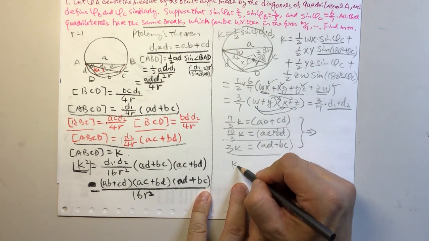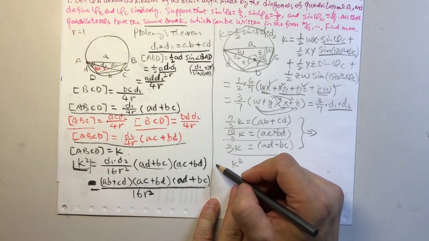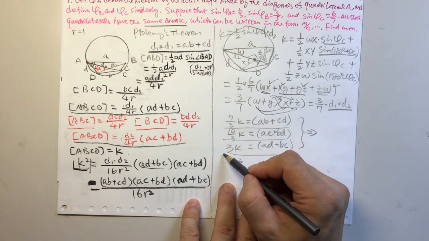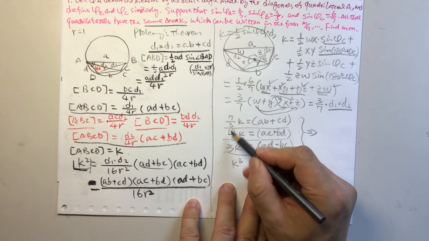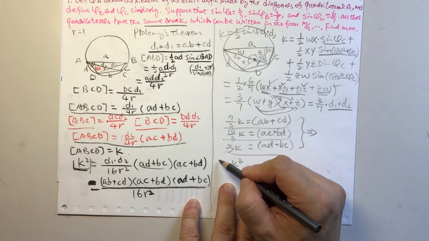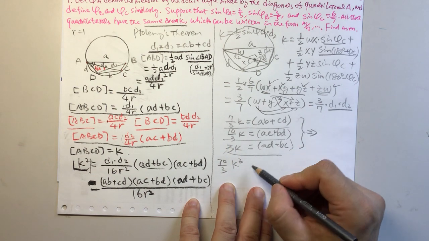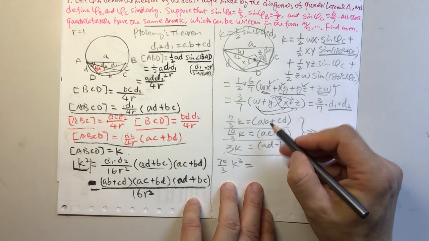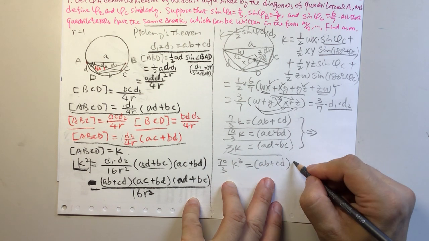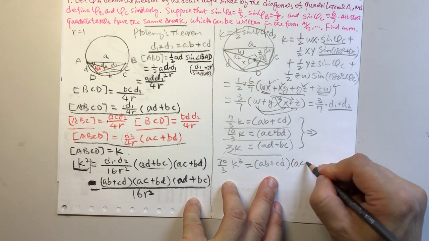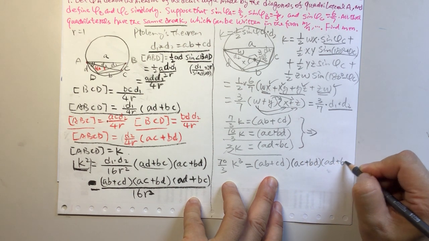K cubed, right? And what's this? The factors cancel. We get K cubed equals AB plus CD times AC plus BD and times AD plus BC.